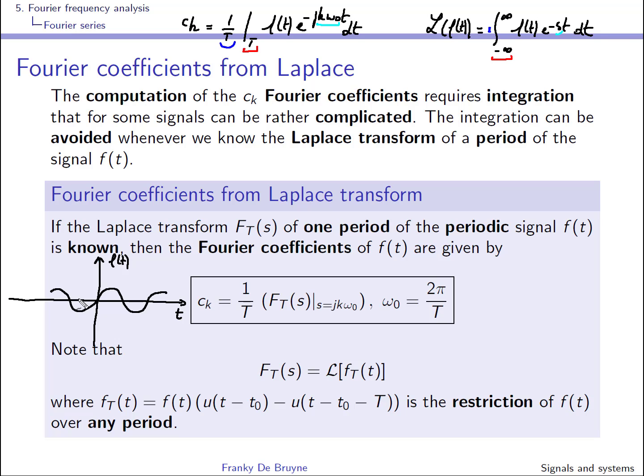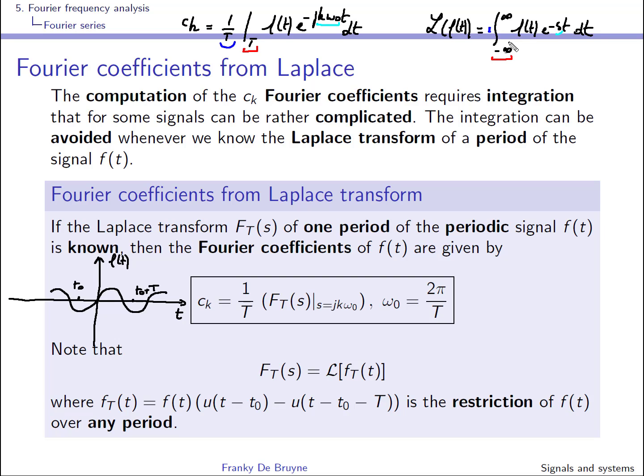So let us take a period here, t0, and here t0 plus T. To compute the Fourier coefficients, we need to consider one period, and if we take the Laplace transform of this function, well, we'll end up with integration bounds from minus infinity to infinity.